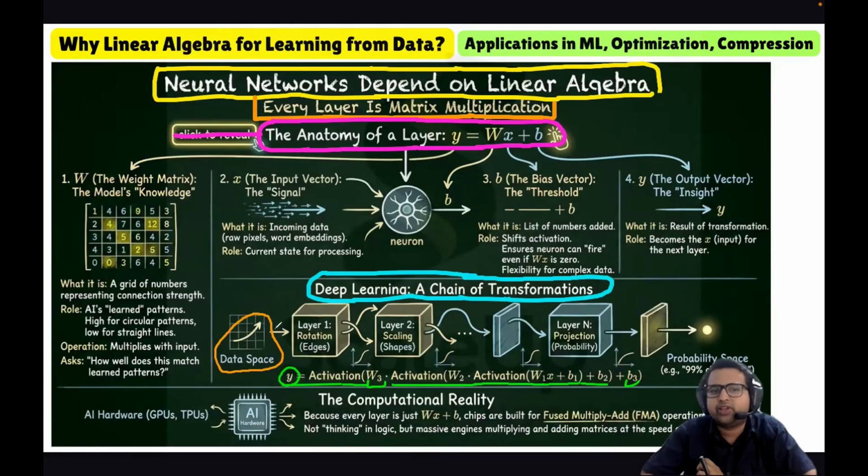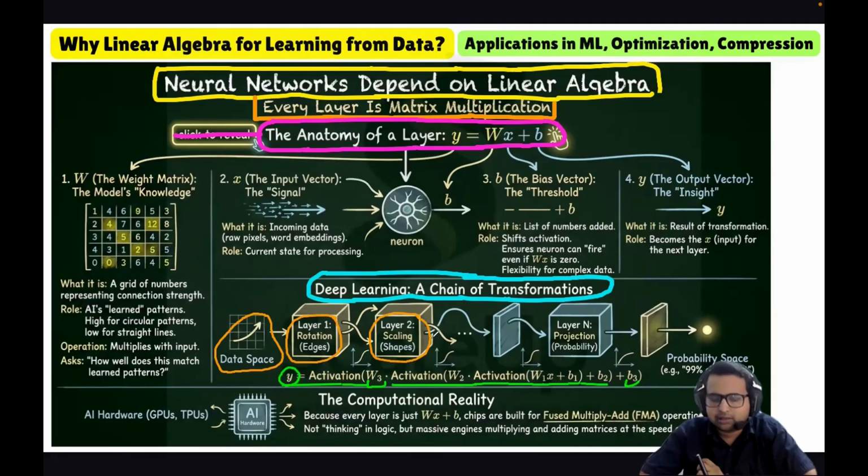In the first layer, I directly pass the input vector, and the first layer performs some transformation to it. The first layer might perform a rotation to find edges. Whatever edges it finds, it passes to the second layer, which performs further transformations. Let us suppose the second layer performs scaling to identify shapes like eyes, nose, wheels.